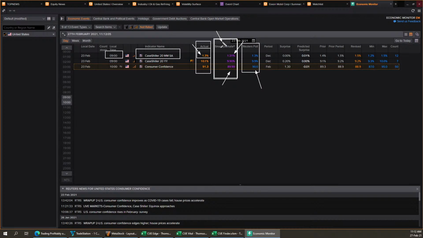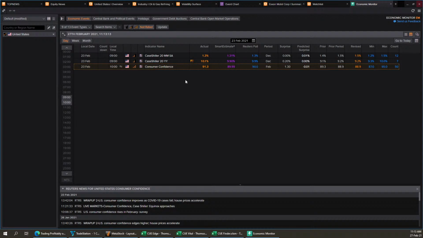I rely on that more than the overall poll, because the poll may include people whose estimates are not reliable. So I'm looking at smart estimate and checking that against the actual to see if there is a difference or not. And when the difference is substantial, you will see this indicator flashes.